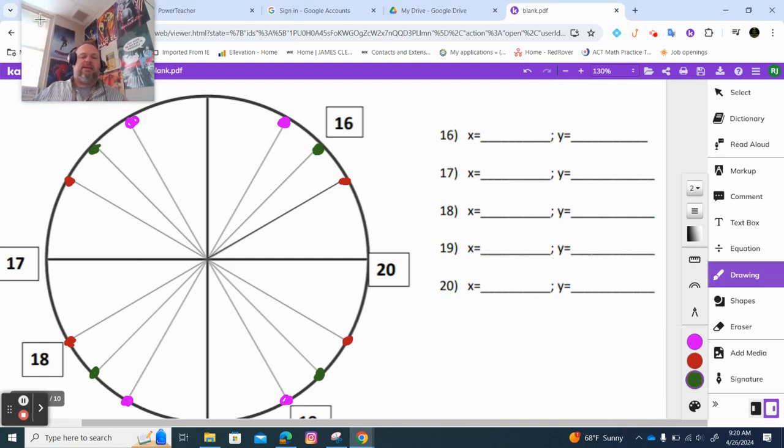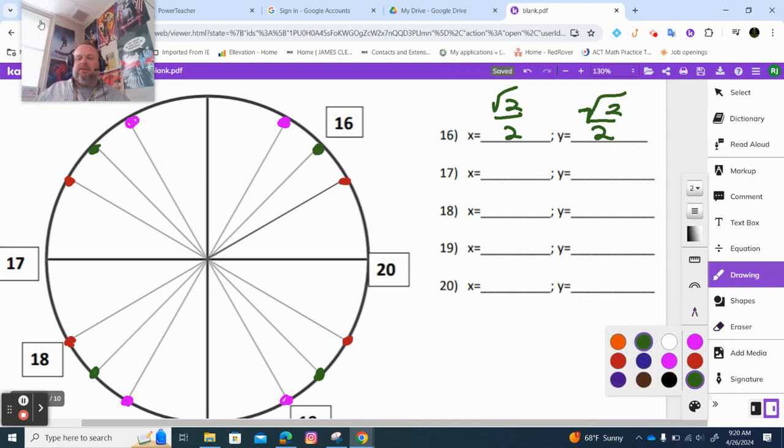Okay, like 16. We know that this one is something over 4. All the green ones are something over 4. So they're going to be some type of root 2 over 2. This one happens to be both positive because it's in the first quadrant. Okay, 17.